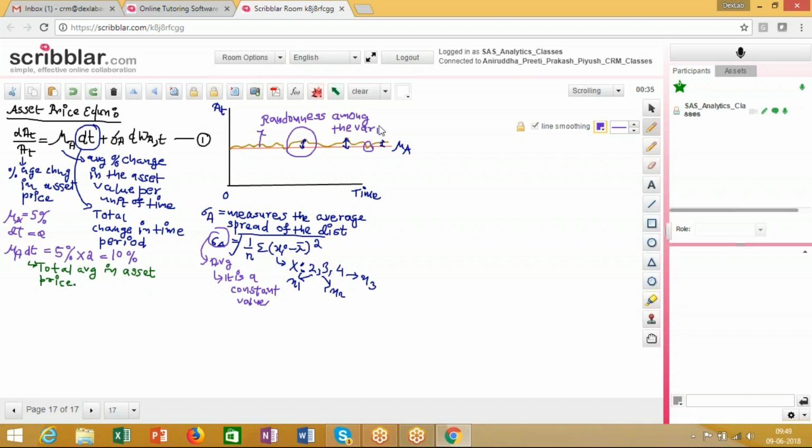So sigma A captures the average variation, but it does not contain the randomness of the variation. Now, if I define it just as a constant variation, that would be difficult because there is a constant fluctuation about this.